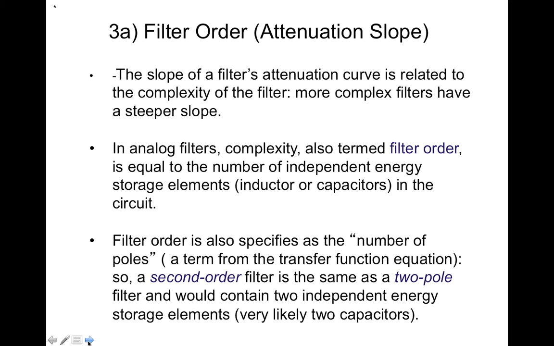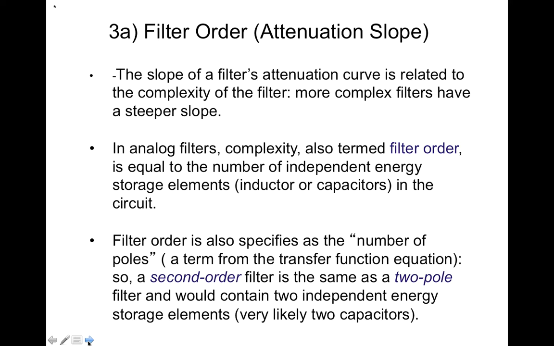In a circuit, these are capacitors or inductors. If they're independent, in other words, if they can't be equivalently combined with another, then they're considered an independent energy storage element, and that determines the filter order. The higher the filter order, the steeper the slope in that attenuation region.